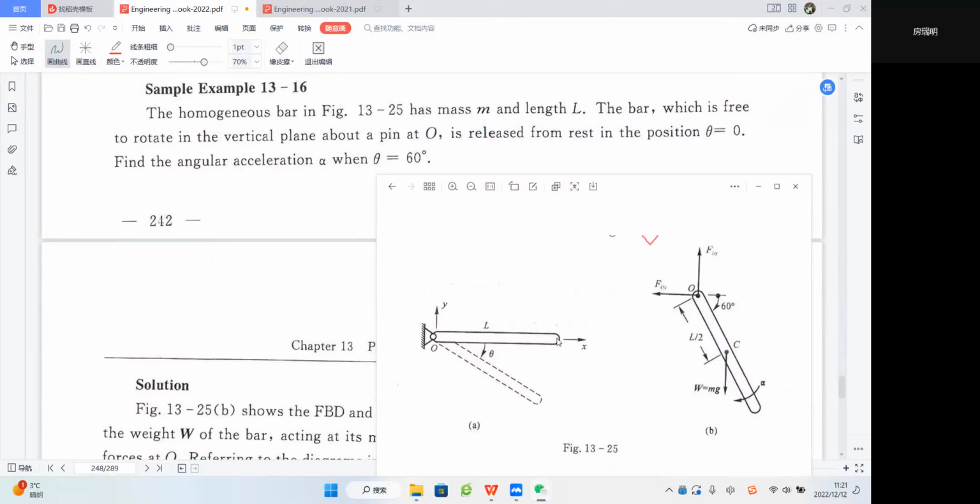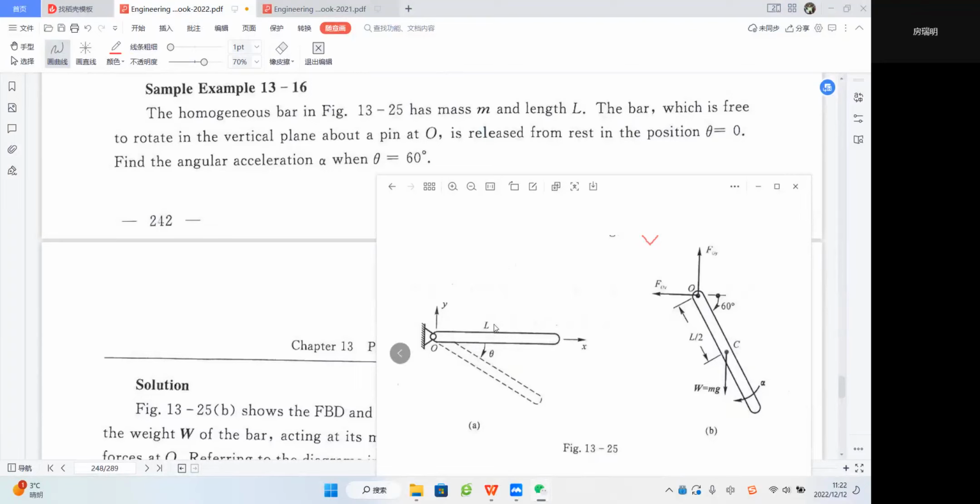It will rotate around one of its ends. I hope you remember that J_O equals 1/3 m L squared.